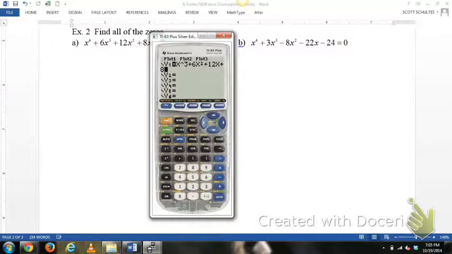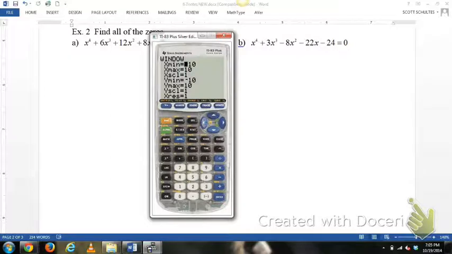Now, what I'm going to have you try to do is always graph in the standard window. If you click on the window button, which is right next to y equals, you're going to see the following pop up. Your x min should be at -10, x max is 10. Guys, that just says the smallest value of x and the largest value of x goes from -10 to 10.